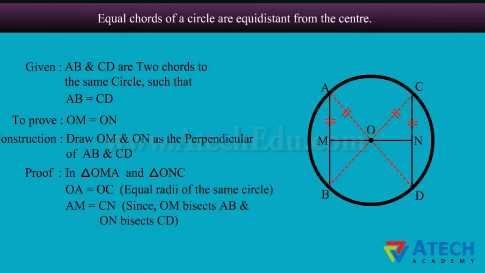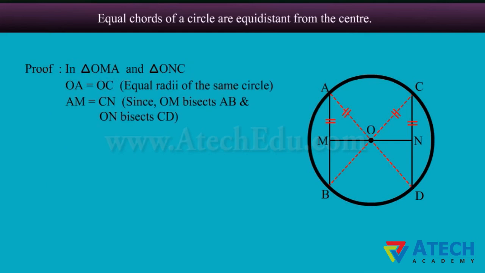Since OM bisects AB and ON bisects CD, hence AM is equal to CN. Since OM and ON are perpendicular bisectors of AB and CD, hence angle OMA and angle ONC are equal to 90 degrees. Thus, by RHS congruence, triangle OMA is congruent to triangle ONC. Hence, OM is equal to ON by CPCT.